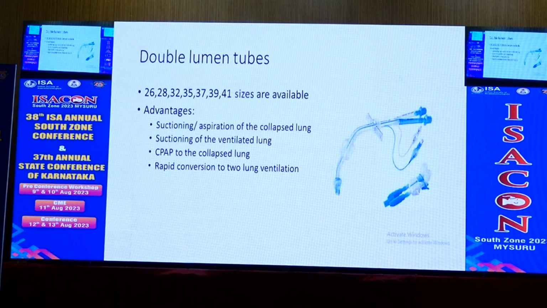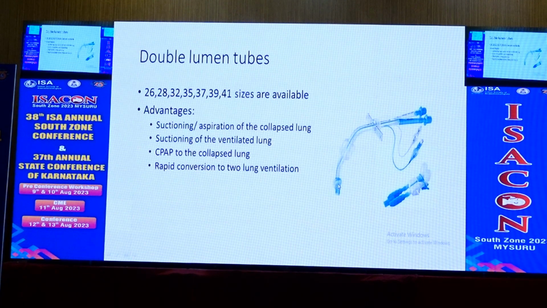How can we achieve this lung isolation and lung separation? There are many different tubes. One of them is the double-lumen tube, where there are 2 lumens in a single endotracheal tube. One lumen opens into the trachea, and another lumen opens into the bronchus.